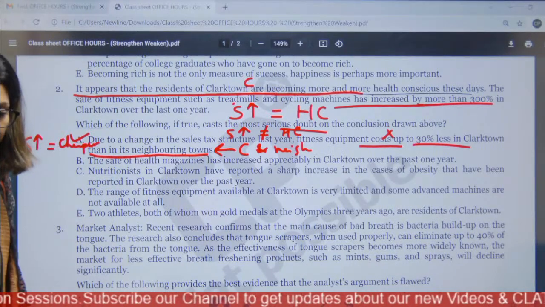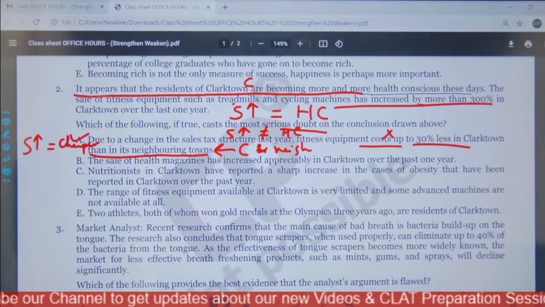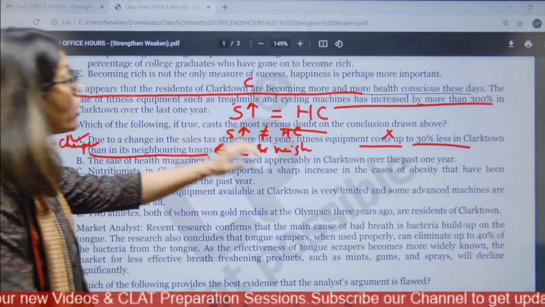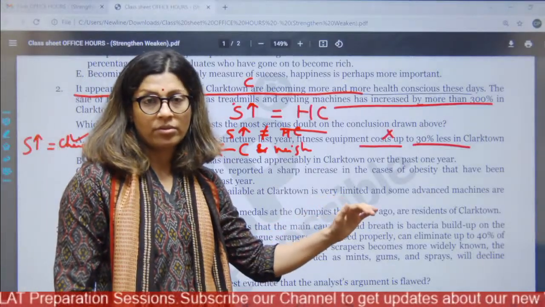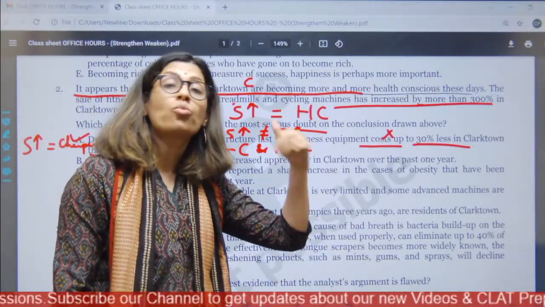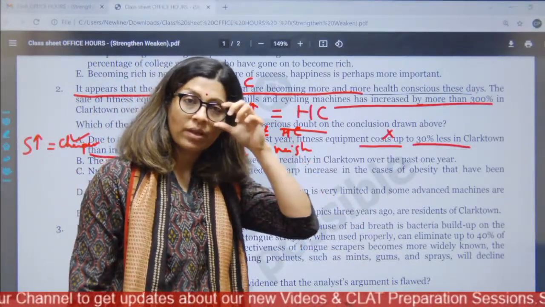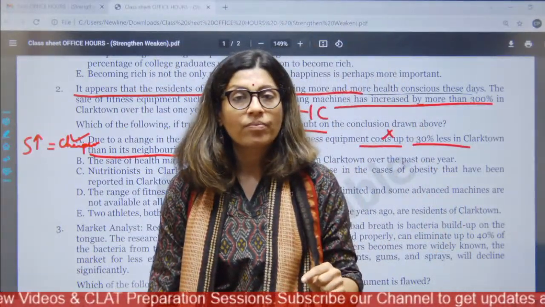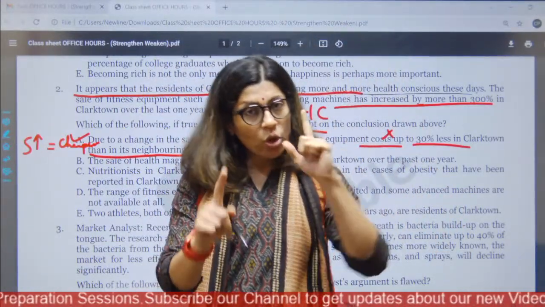So what have we done over here? We have provided an alternative reason as to why sales have increased. The author showed cause effect.